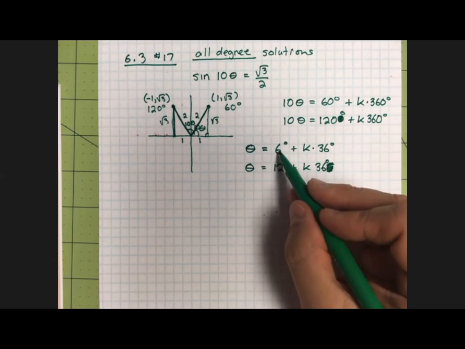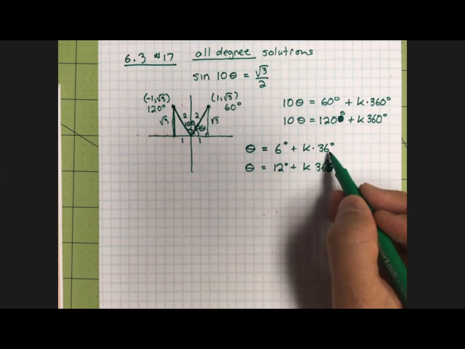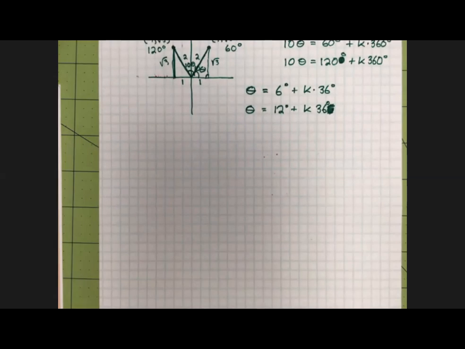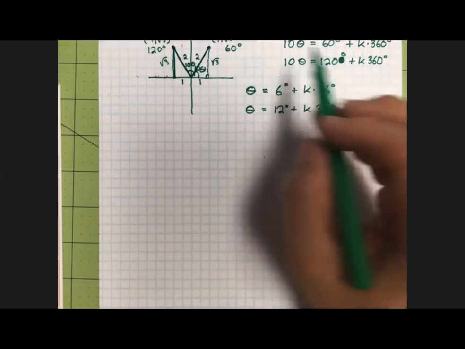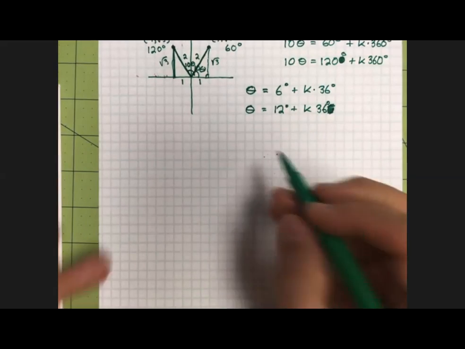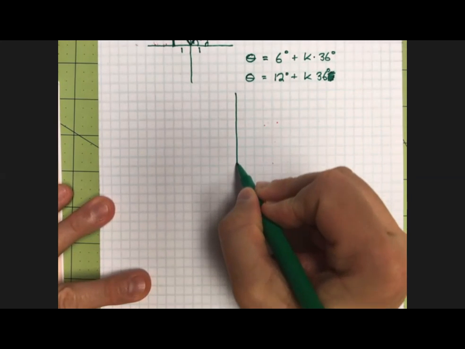Now, the 6 degrees and 12 degrees is hard to visualize, and the 36 is hard to visualize. So let me see if I could draw that for you before we test it. Now, I don't have to restrict my k because they wanted all solutions. So every time I pick a k, I get a legitimate answer. But what would this look like visually?